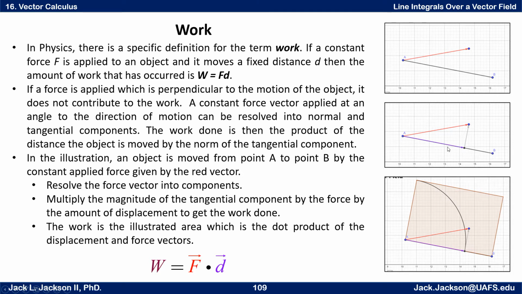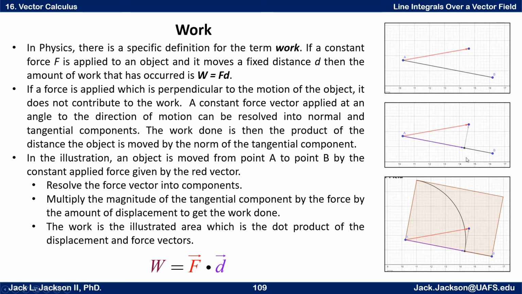In other words, this component down here is the size of just the projection of this. So you're projecting this vector onto the line AB, and that gives us this purple projection vector, which is a projection of this force vector. Now we just take the size of that times this distance, and that gives you the work done.